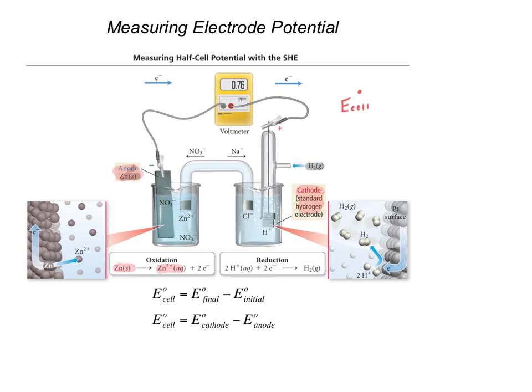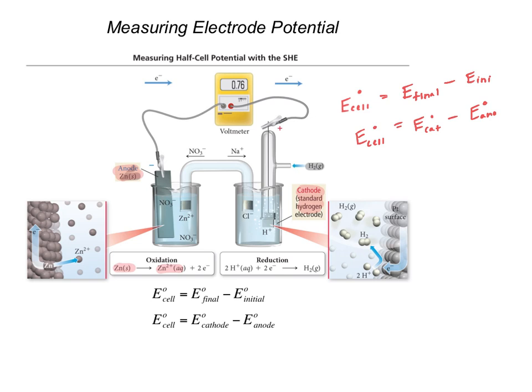So if we're measuring the cell potential, this is E final minus E initial. Our final state is the potential of the cathode, right? Our initial state, where it started, was the anode. So the cell potential is defined as the standard reduction potential of the cathode minus the standard reduction potential of the anode, okay?